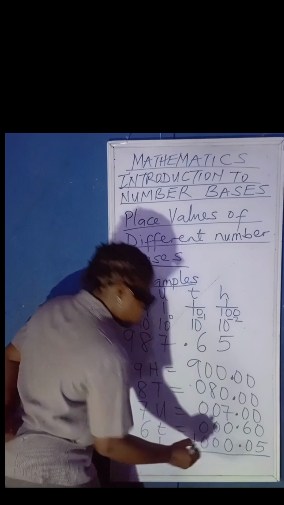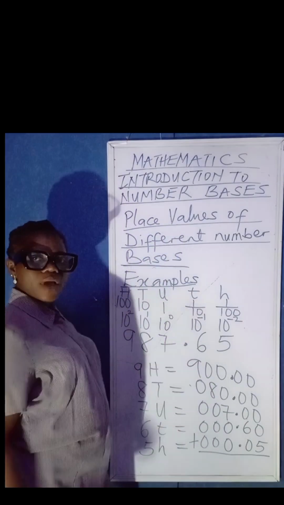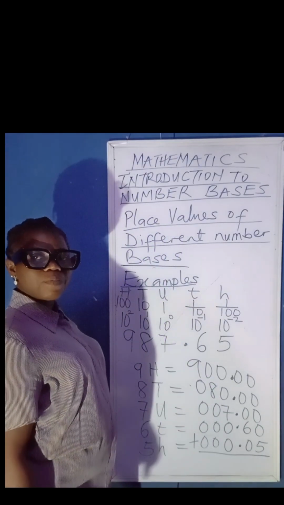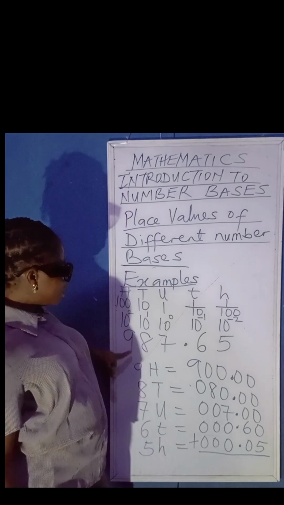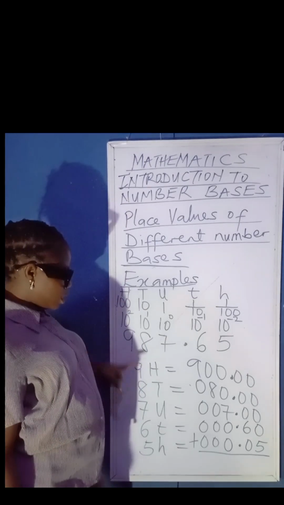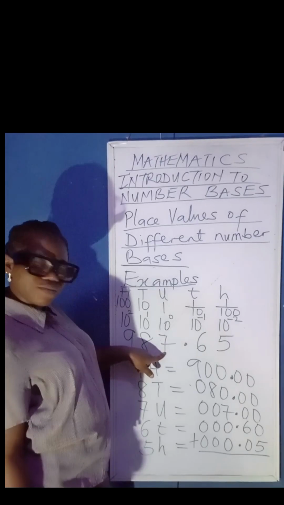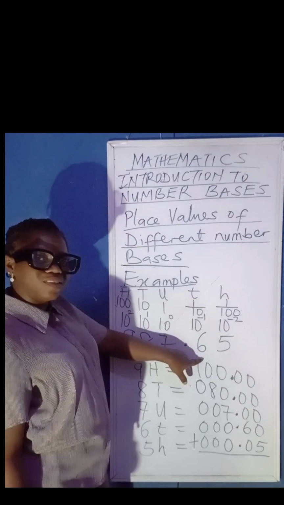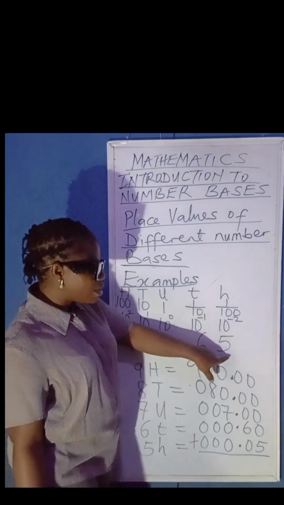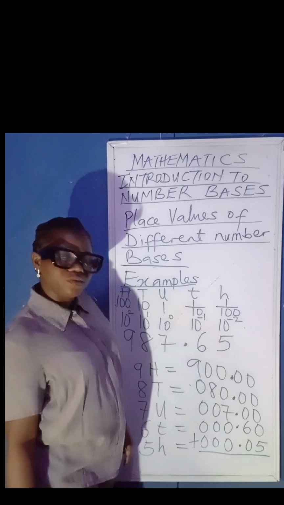Let's add them up. We have been able to expand using the place value. So the value of 9 is 900. The value of 8 is 80. The value of 7 is 7. The value of 6 is 0.6. And the value of 5 is 0.05.